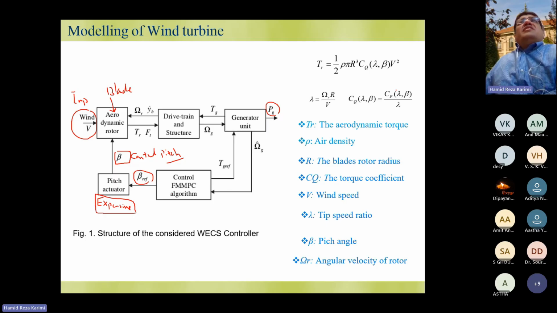Okay, so there are some mathematical formulations. You can see this is the torque for the rotor side, the TR. It has a relation with the speed of the order of 2. If the wind increases, it is of the order of 2. And then there is some coefficient. This coefficient is for the design of the blade, okay?